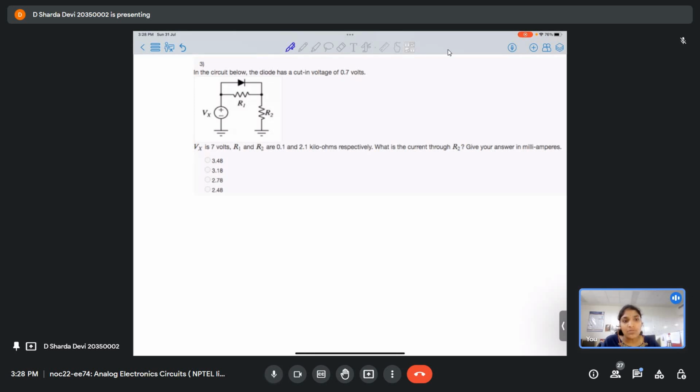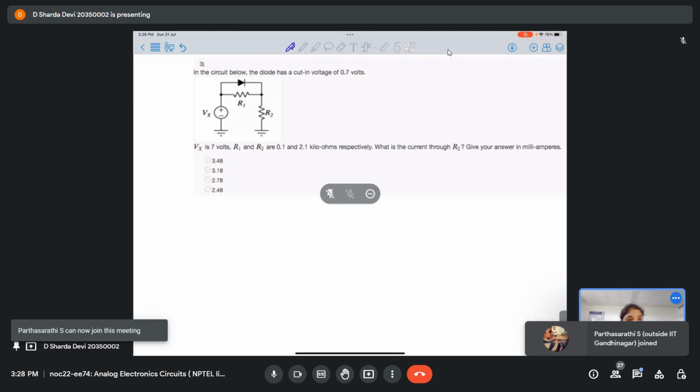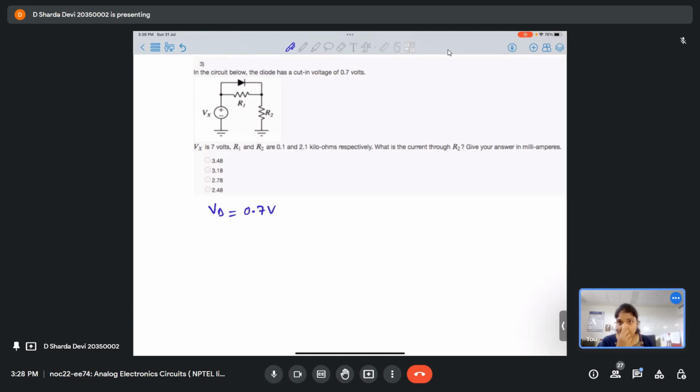In those notes there are a few universal values which are given. So if a particular value is not given in your question, then assume its value to be this. Those things you have to keep in mind, they are very important. So in this particular question our VD is 0.7 volts, okay?